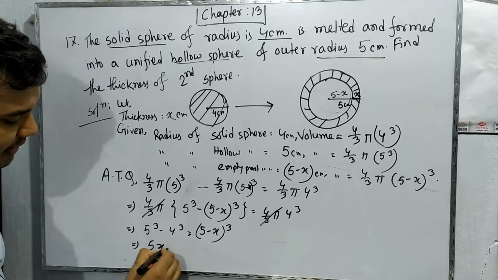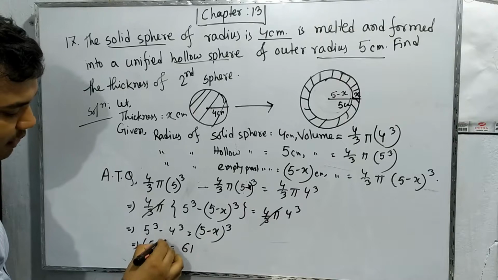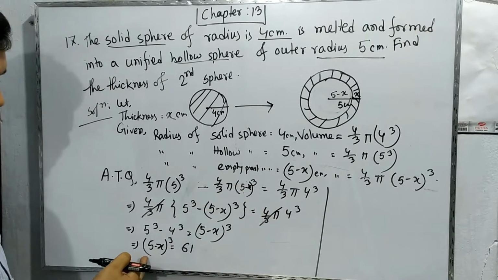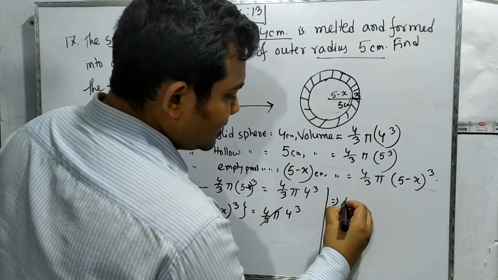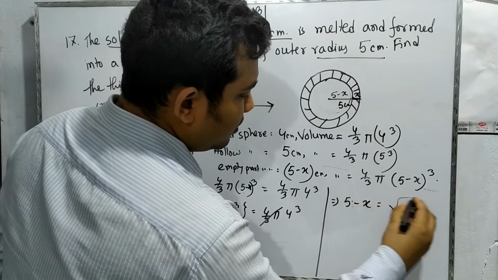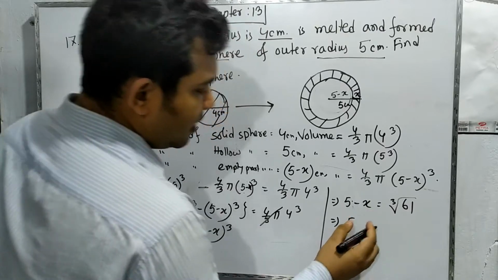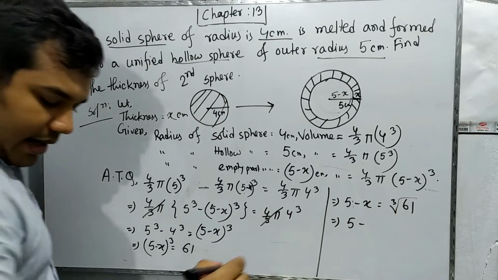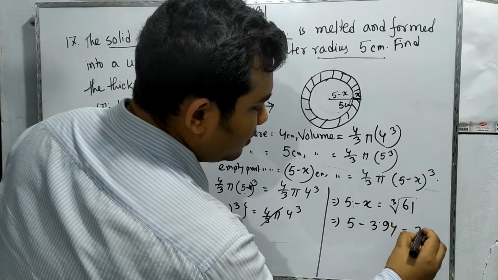So 5 minus x whole cube equals 61, then 5 minus x equals cube root of 61, or 5 minus cube root of 61 equals x, and the cube root of 61 is 3.94 actually.